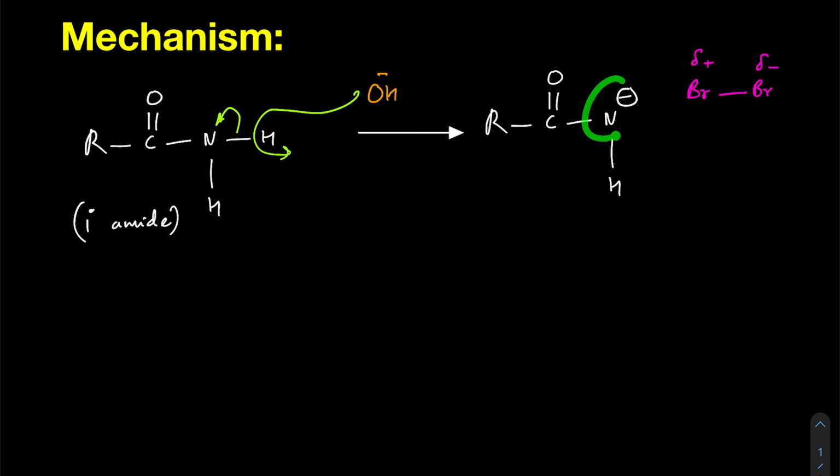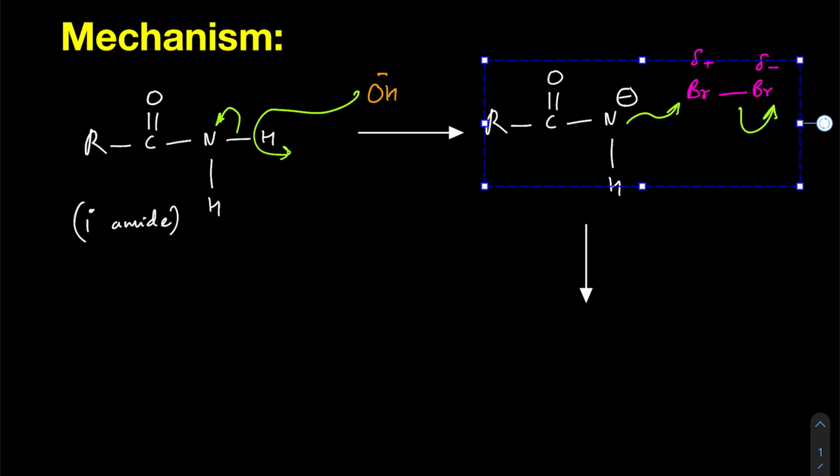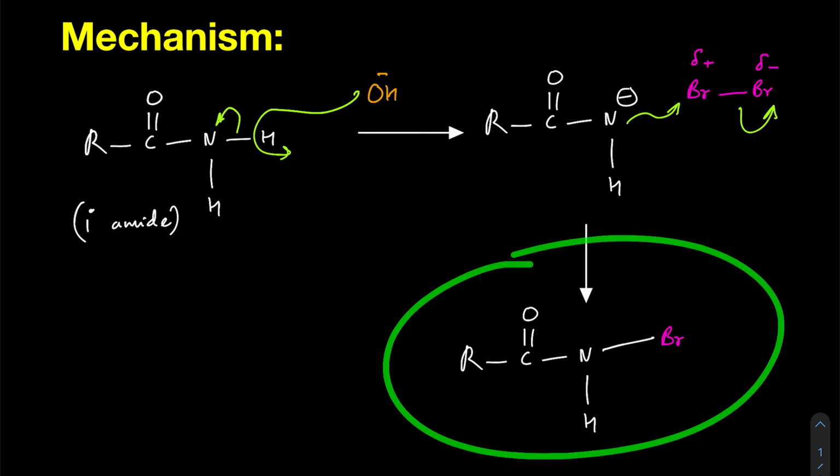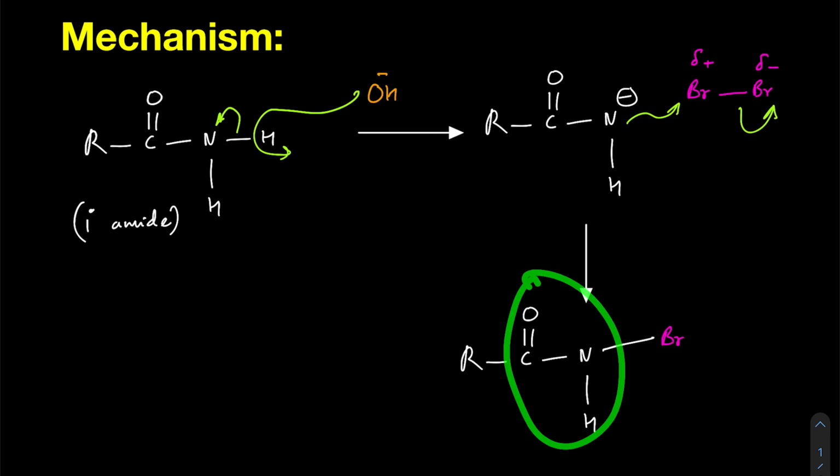As a result, this nitrogen will try to bond with this bromine, and this bromine as a result will try to move out because of the negative charge. So this attack will take place and Br minus gets released, leading to formation of this molecule. Now this molecule, as you can see, has an amide group and a bromine. This is the bromamide which we are talking about.